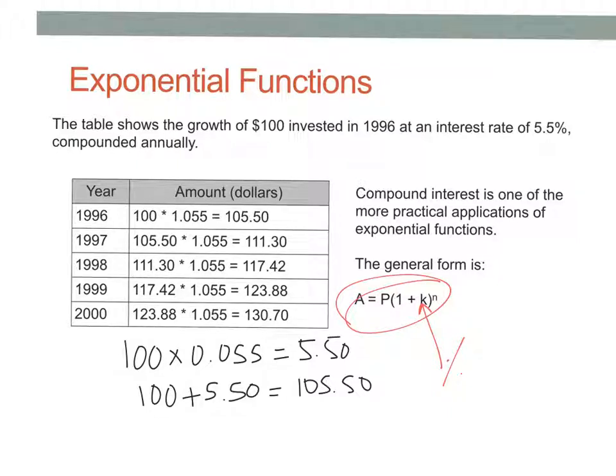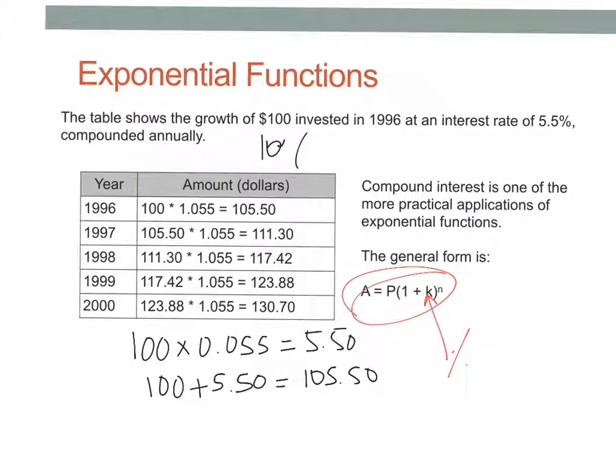So instead, what you can see here, like instead of multiplying by 0.055 and then adding 550, if you just multiply by 1.055, it just does it automatically. Like it adds the one as well. Because what you're technically doing then, just to be really clear about it, is like I'm going 100 times 1 plus 0.055, and what you end up doing is you're expanding this.